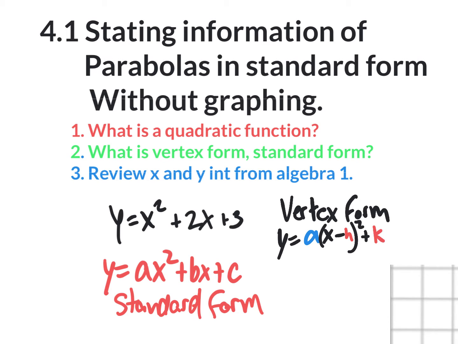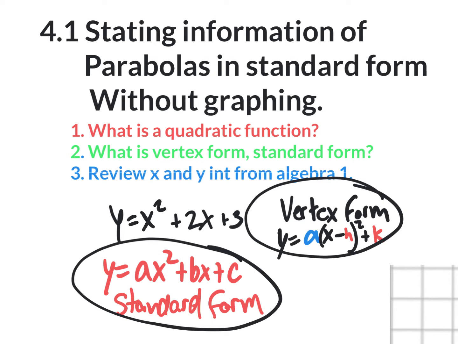Guys, we should all be pros at vertex form right now. So just like in Algebra 1, or just like when we graphed lines, we had two different forms. We had slope-intercept form, y equals mx plus b, and point slope form. Right here, graphing parabolas, graphing quadratics, we have two different forms. We have standard form, and we also have vertex form. So we need to know both, okay?